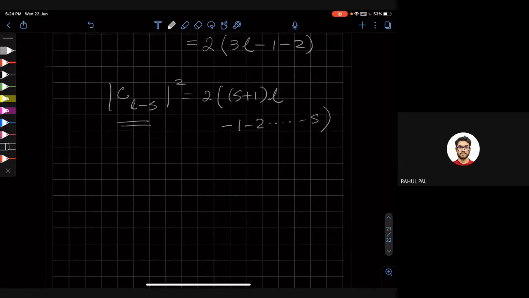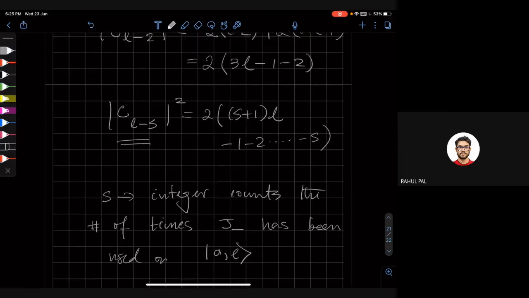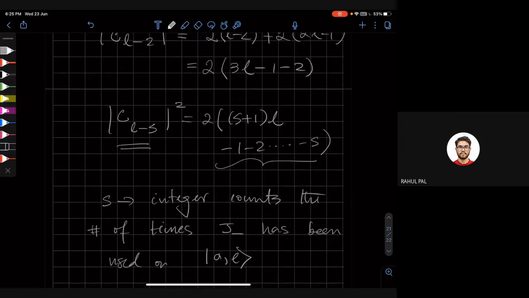So S is an integer, because it counts the number of times J minus has been used on alpha L.